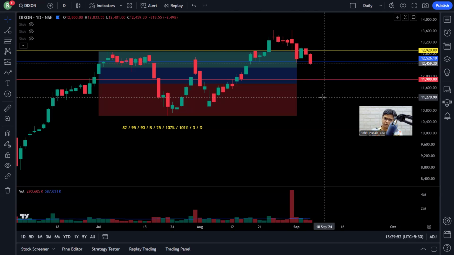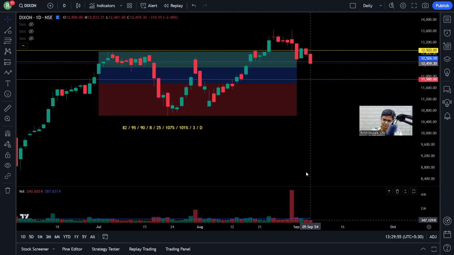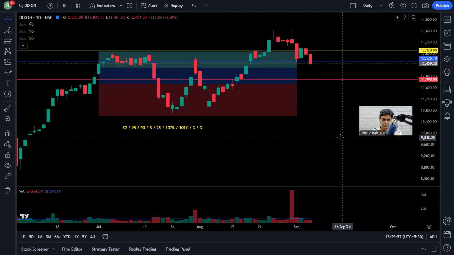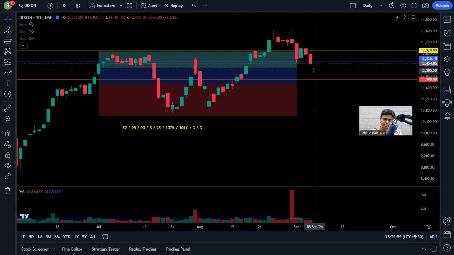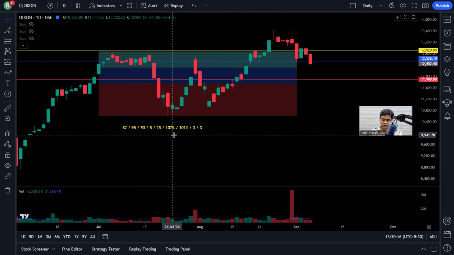Now, if you see the volume here, the volume is low, which means institutions are not selling. So it makes a case for me to stay in the stock. However, if I am getting 8 out of 10 candles as red, that is not what I expect from a growth stock. This is not what I expect from a stock that is showing doubling of earnings in a particular quarter.